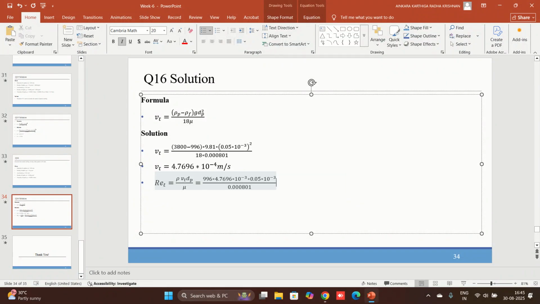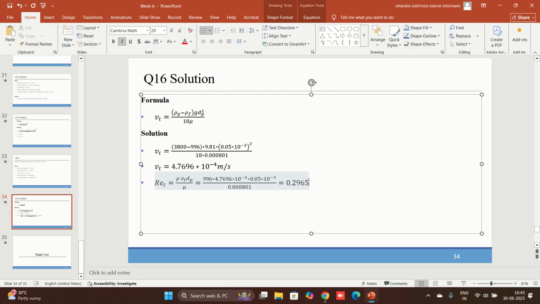What is it giving? 996 into 4.7696 into 10 power minus 3, into 0.05 into 10 power minus 3, divided by 0.000801. Okay, it is coming in range only. I was just afraid it might not. It is 0.2965.